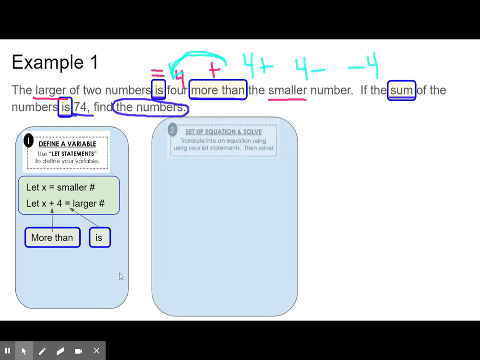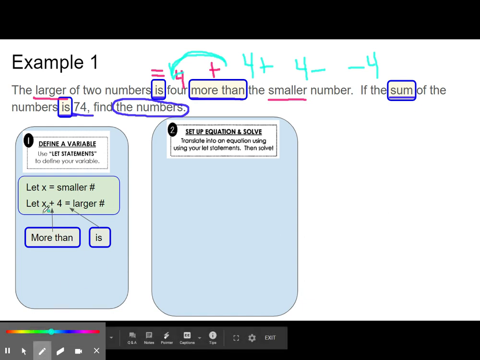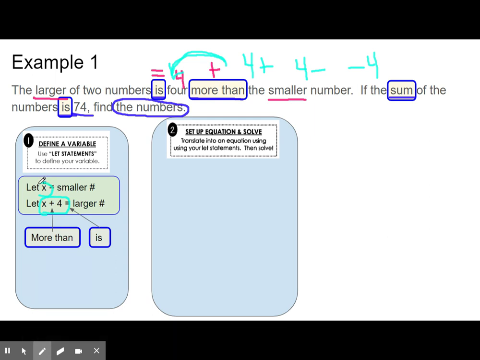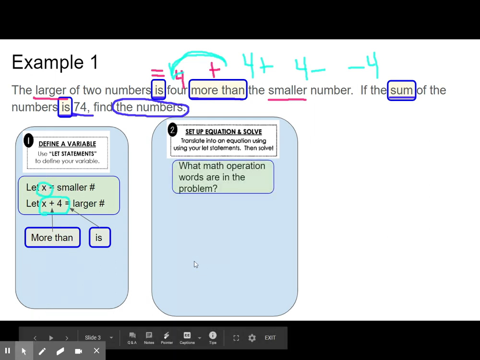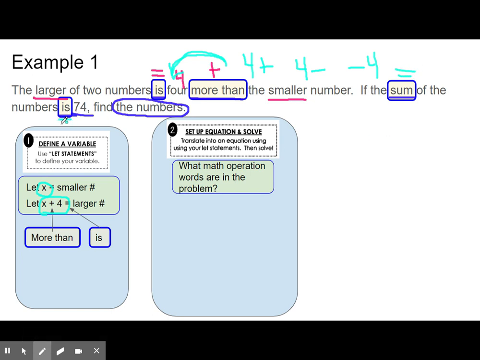Next step. Let's set up our equation and solve. We've already done a good bit of equation setting up over here. Look. What math operations or words are still left over in the problem that we haven't used yet? I have not used sum and the is.